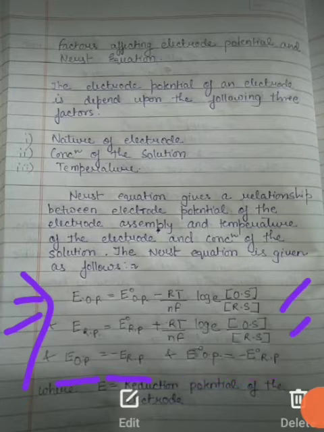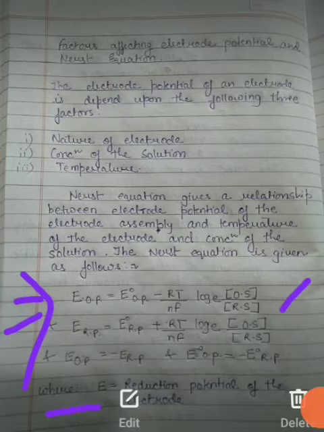Here the terms given are: E is the potential of the electrode, and that may be the oxidation potential or the reduction potential. R is the molar gas constant, its value is 8.314 joule mole inverse kelvin inverse. It is also assumed as the universal gas constant.